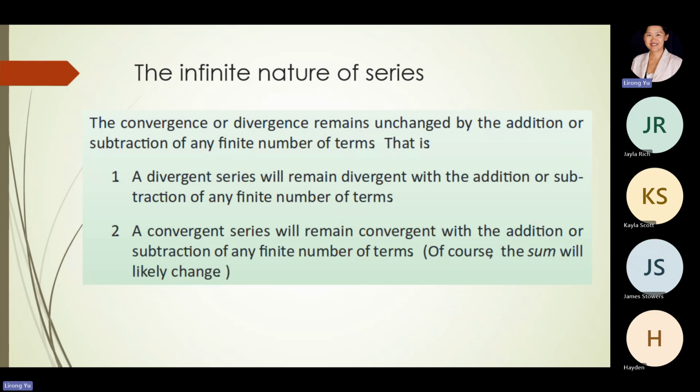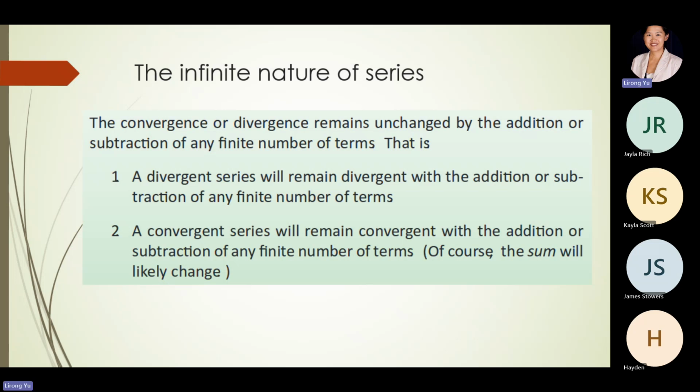The second one says if you have a convergent series, it will remain convergent even if you change a few terms in there. Oh, this is not what I realized, I was talking about two different things. All right, basically it's saying that the nature of an infinite summation is determined by what happens toward infinity. So if you only change a few terms in that series, it doesn't change the convergent or divergent property.